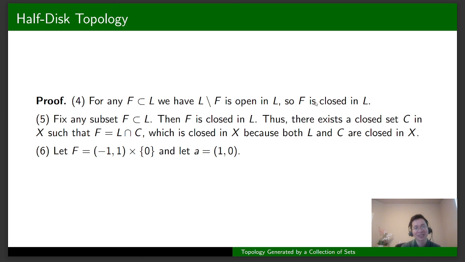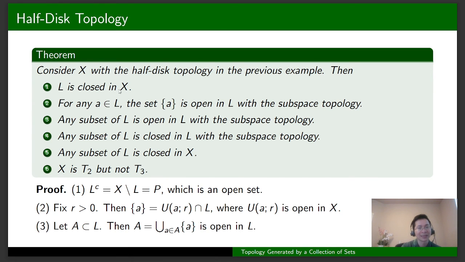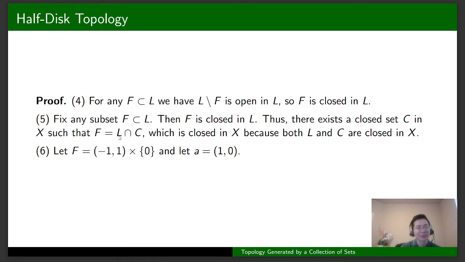Therefore, F is closed in L. The fifth property is also satisfied because if we take any subset F of L, by the fourth property, F is closed in L. So by the definition of the subspace topology, F can be represented as the intersection of L and a closed set C in X. And by the first property, L is closed in X. So F is the intersection of L and C, and both of the sets are closed in X. Therefore, F is closed in X.